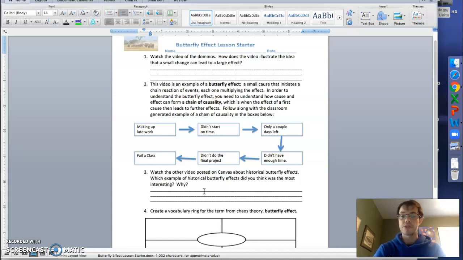The different choices that you make, they matter, and they have different effects. And we're going to bring this back into ecology, and we're going to talk about how what happens to one small part of an ecosystem can actually end up influencing the outcome or the fate of an entire ecosystem.